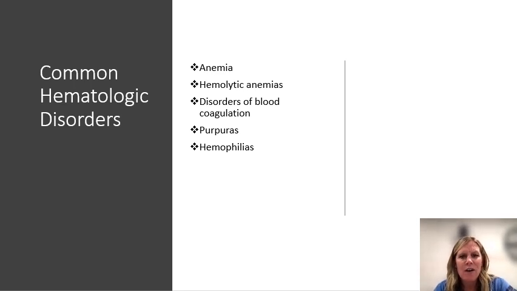Glucose 6-phosphate dehydrogenase deficiency. Say that 5 times fast. Sickle cell anemia, right? We know that's an autosomal recessive inherited disorder that's carried on the B chain of the hemoglobin. And we know that with the sickle cell, the cells become elongated and kind of sickle shaped.